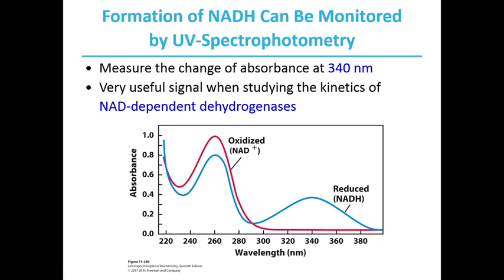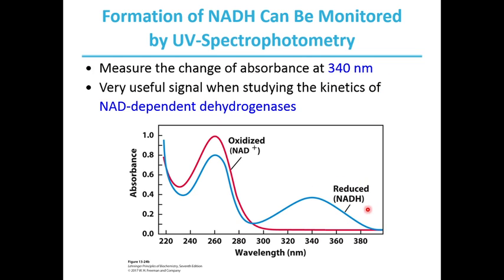Formation of NADH can be monitored by UV spectrophotometry. We already know this, so we have done problems related to NADH absorbance. Measure the change of absorbance at 340 nanometers.